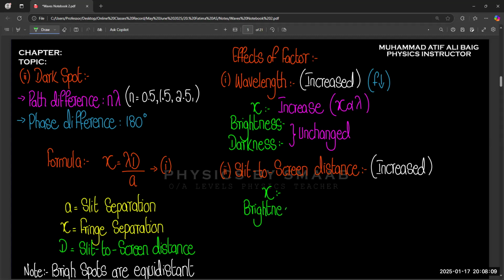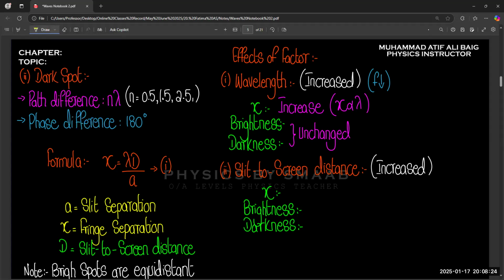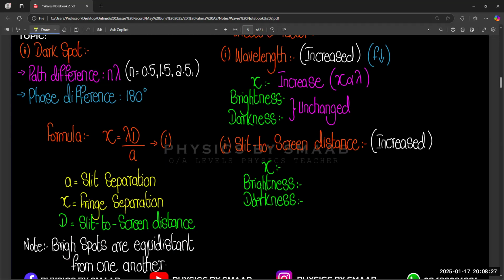Brightness, darkness. So in this scenario, we can say again x is directly proportional to d according to the formula. So it will also increase.